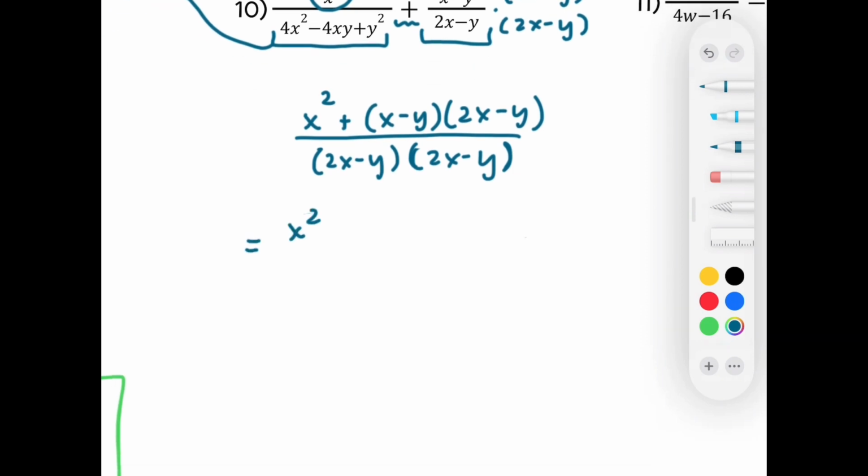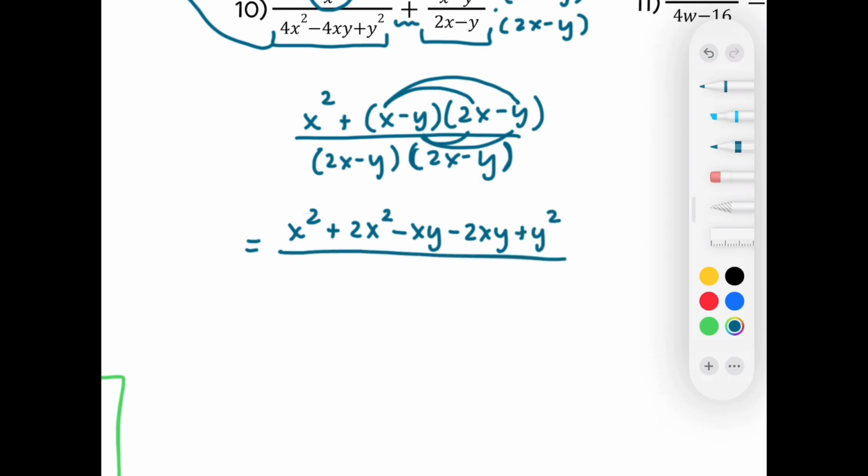So we have x squared just from this first part, and then we're going to multiply. So we would have 2x squared minus xy minus 2xy plus y squared, all over our least common denominator, which I'm just going to write as 2x minus y squared.